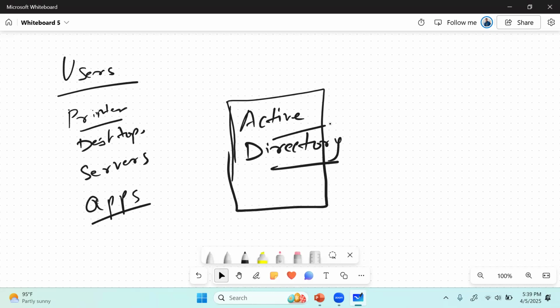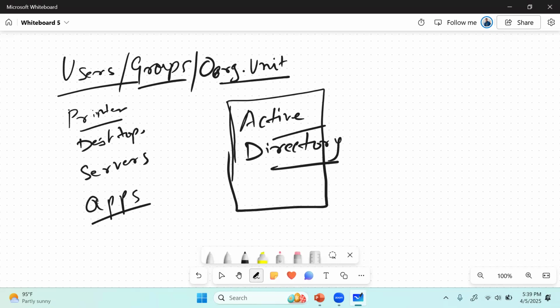So for better management and to provide access to the users, groups or organization units, this Active Directory was created, to manage these identities under org units and to provide access to all of the resources.